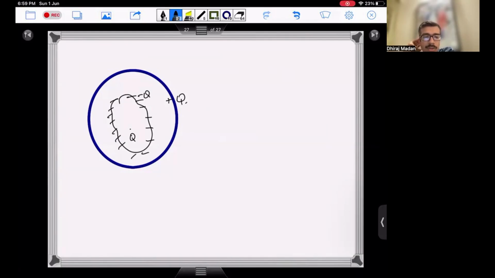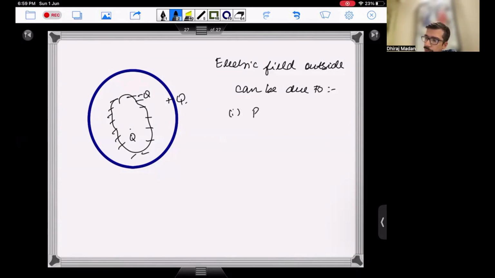Now the electric field outside the sphere can have the following sources. So what are the sources? First is the point charge plus q inside. If I have to compute the electric field somewhere outside, let's say over here, it could be influenced by this point charge, by the charge induced on the inner surface, and by the charge induced on the outer surface.